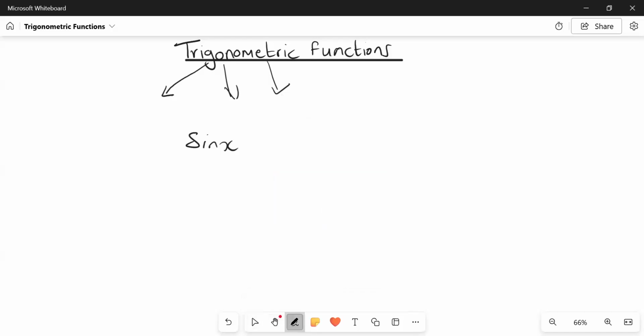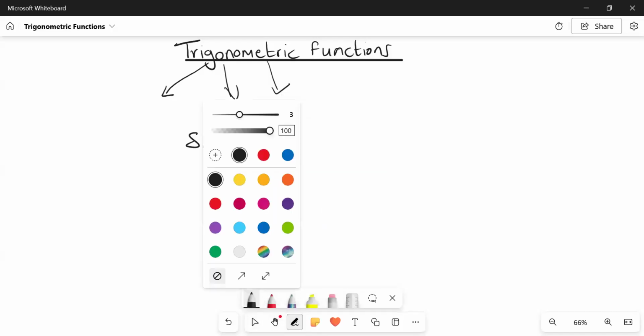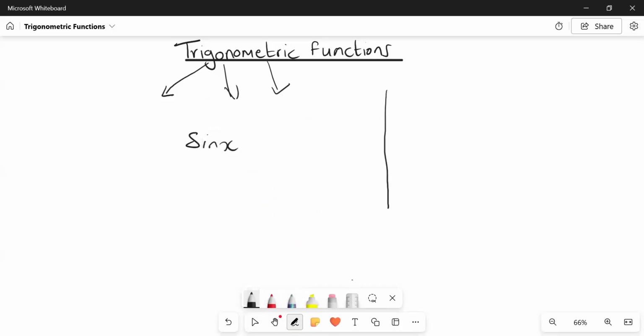So before we even draw the graph of sine, normally when they say draw the graph, obviously they expect you to draw a graph in a Cartesian plane, where you have your x and your y values, and then your zero at the origin, right? So usually on the x-axis you have 1, 2, 3, and then -1, -2, and on the y-axis 1 and 2, -1 and -2.